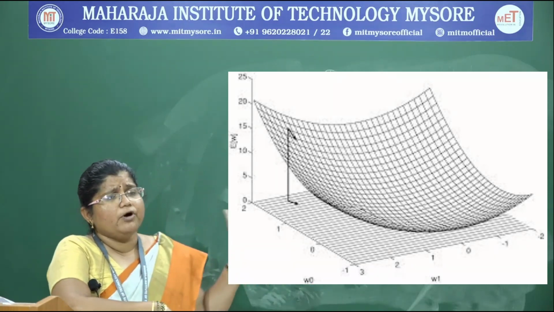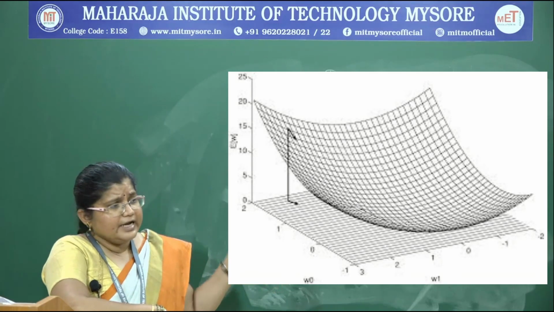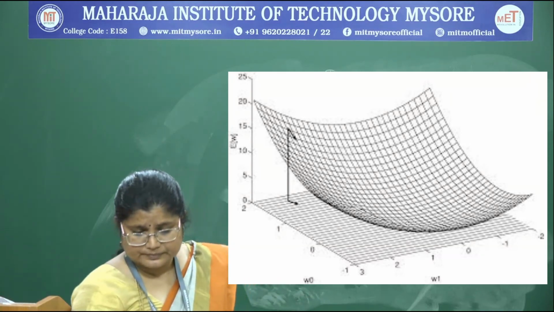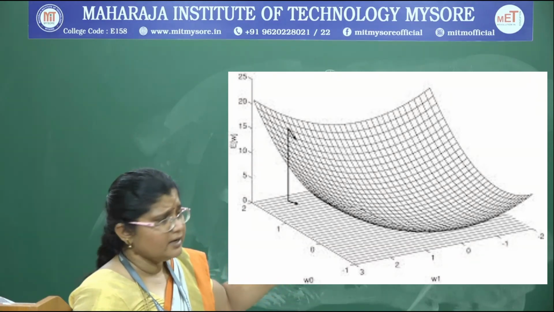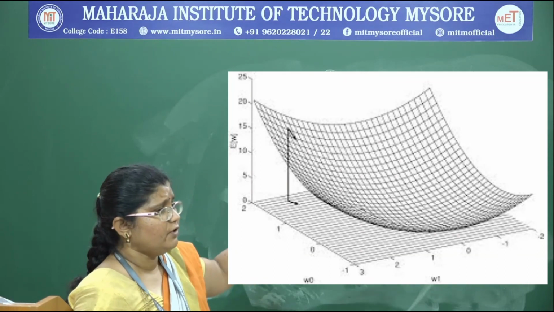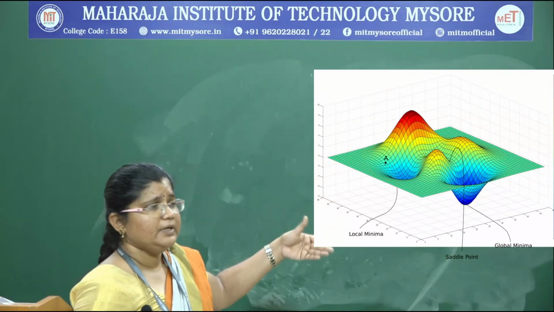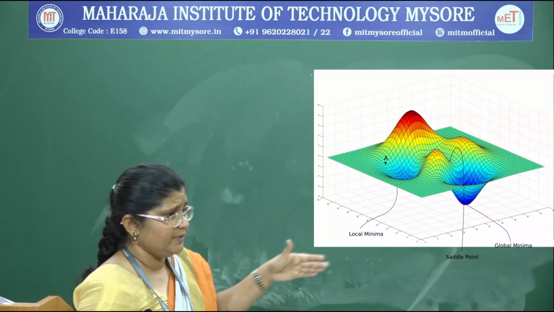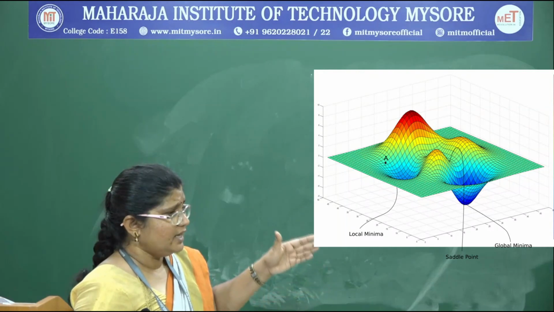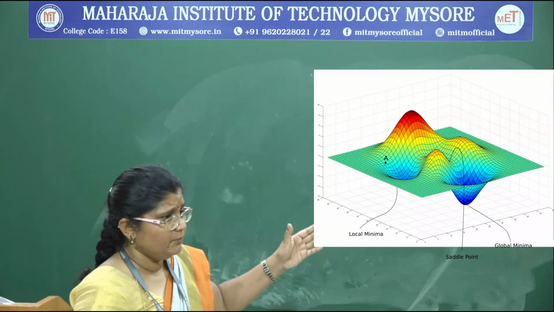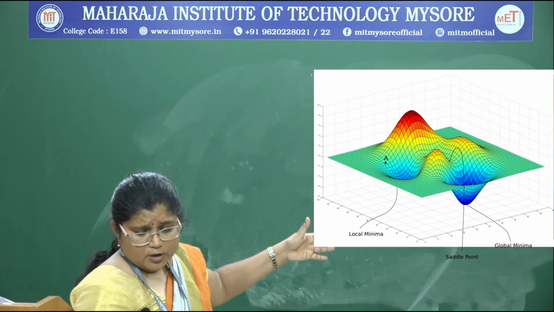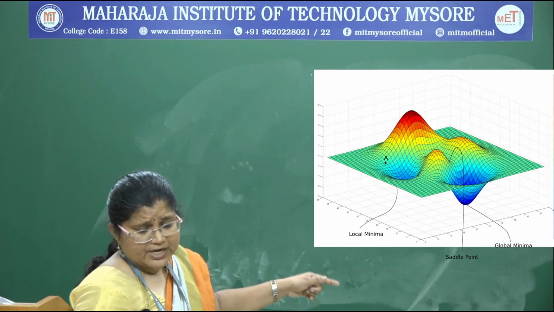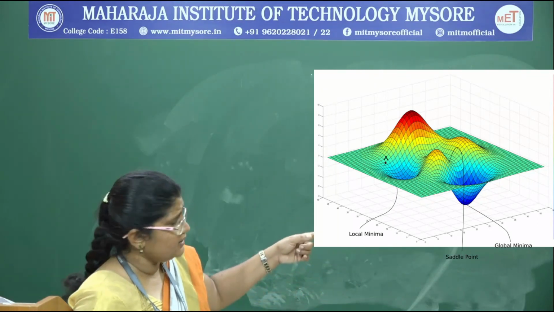This process keeps repeating until the global minimum error is reached. While looking at this diagram, it is repeatedly searching the vector space for the minimum value. There can be local minima, saddle points, and the global minimum, and it tries to find the global minimum in this diagram.